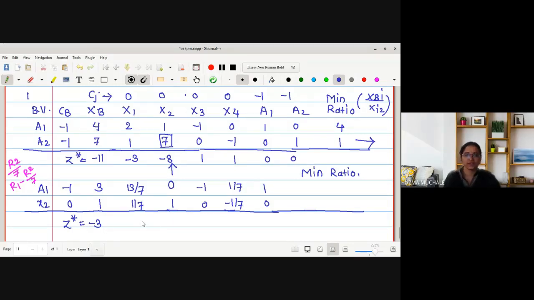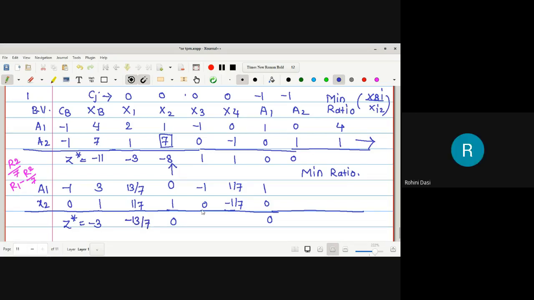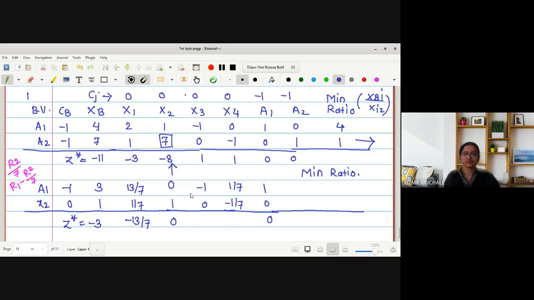Let us calculate the net evaluations now. We will write net evaluations for A1 and X2 0, because these are my basic variables. We will calculate for the remaining. For first net evaluation, CBX1 minus C1. CBX1 is it minus 13 by 7? Here it is minus 1 plus 1 into 0, 0.